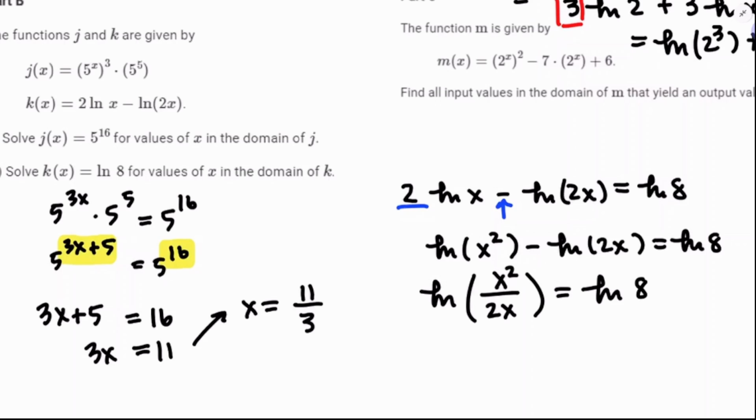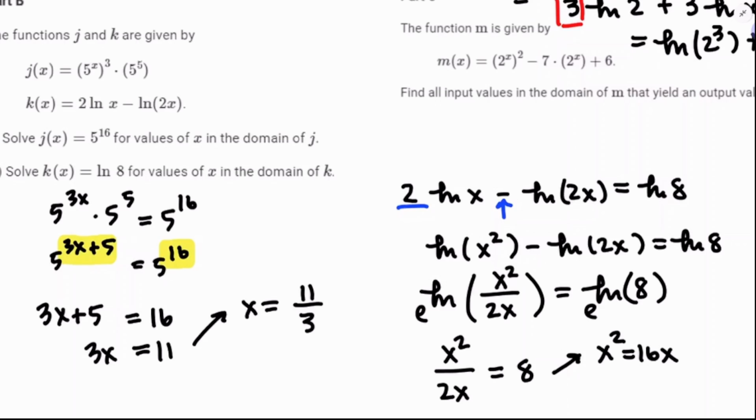Now I can take e to both sides' power to get rid of those natural logs, and they undo each other. So I've got x squared divided by 2x equals 8. That's giving me x squared equals 16x.